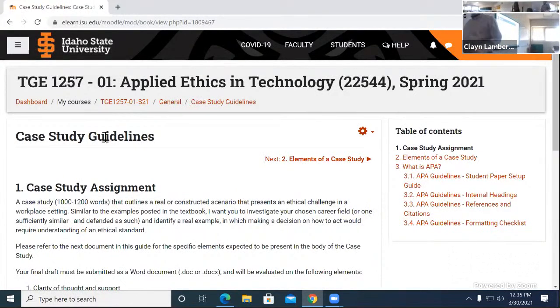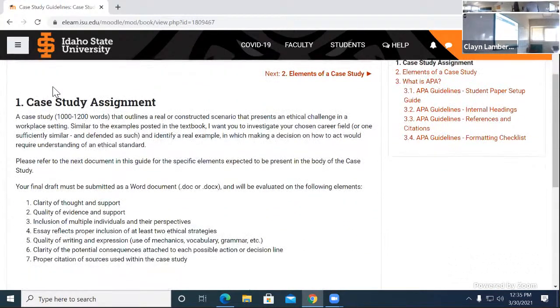All right, so let's take a look at the assignment. The assignment is a case study of about 1,000 to 1,200 words. Typed, double spaced, that's about 2 to 3 pages. I don't want it any less than 1,000, and I don't want it a lot more than 1,200.